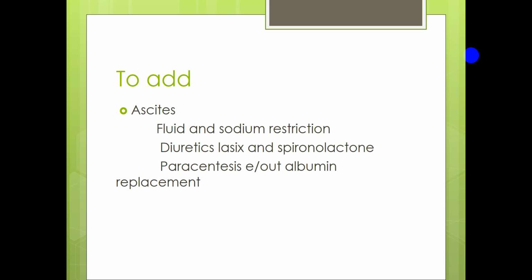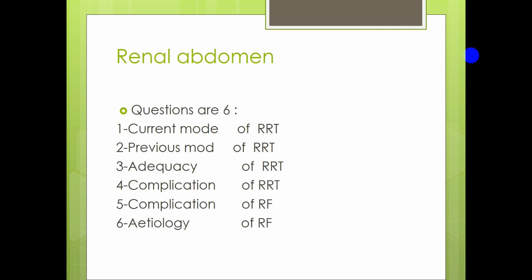To add with ascites, if the case under your hand has positive shifting dullness, you should add fluid and sodium restriction, diuretics like spironolactone and Lasix, and paracentesis with or without albumin replacement.